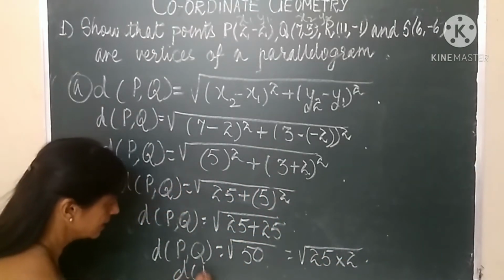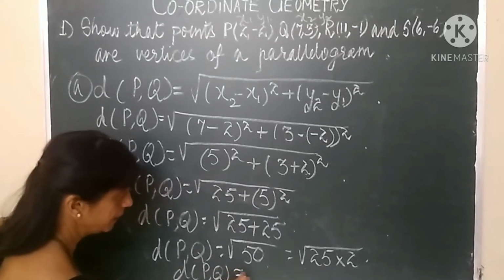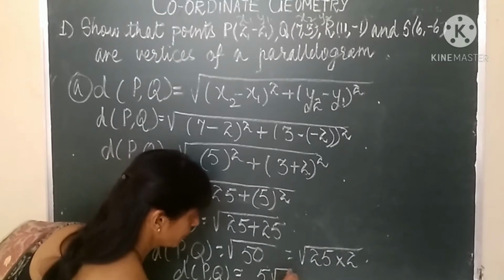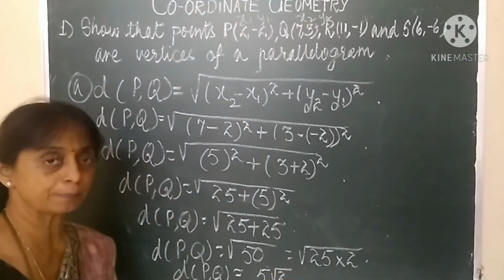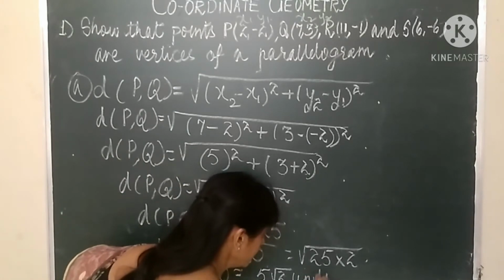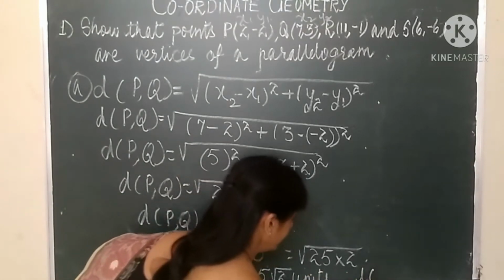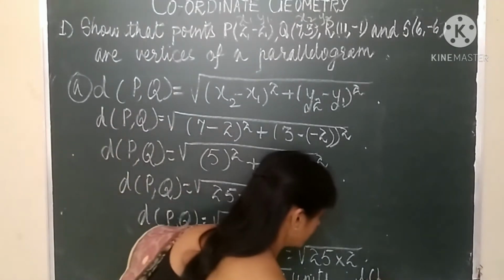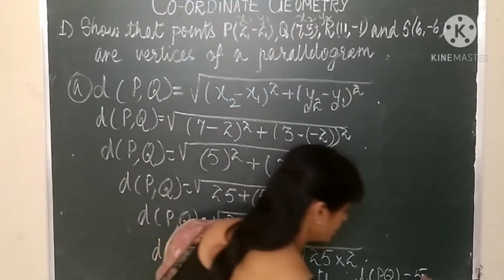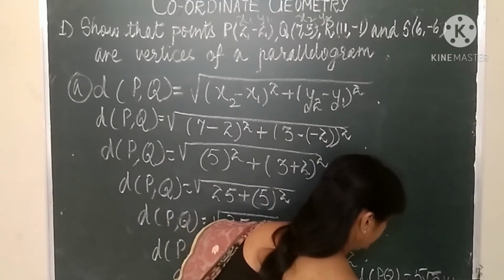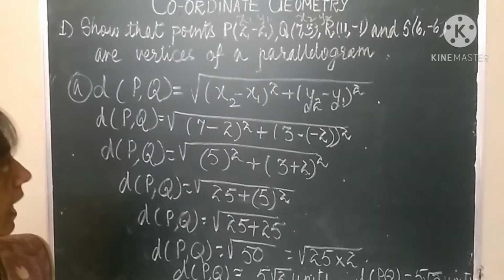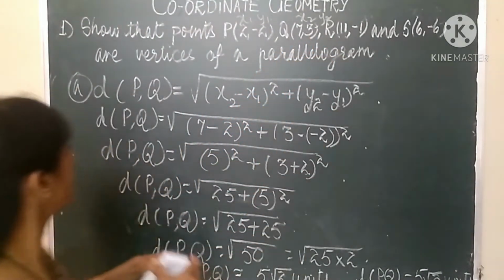So thus distance PQ will be equal to square root of 25 is 5 root 2 as it is. So distance PQ, ultimately we got the answer as 5 root 2 units, or in other words length PQ is equal to 5 root 2 units. Let's move on now to calculate distance QR.